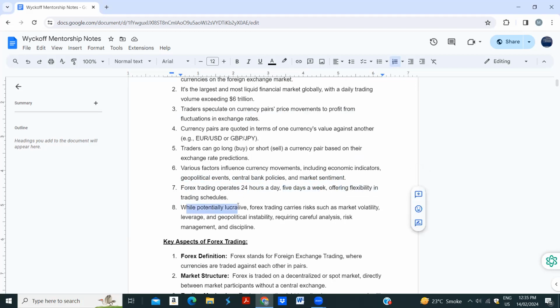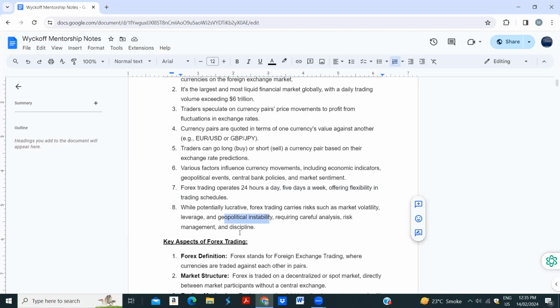While potentially lucrative, forex trading carries risks such as market volatility, leverage, and geopolitical instability, requiring careful analysis, risk management, and discipline. So the forex market might seem lucrative to any trader, but it also carries inherent risk.